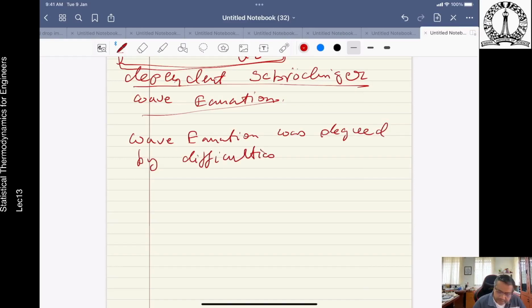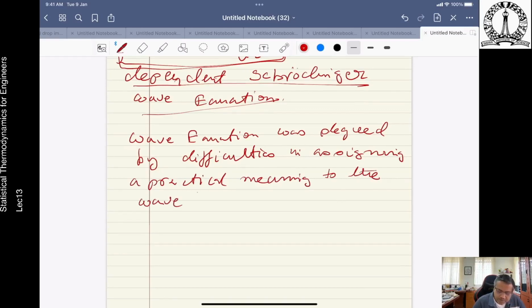Basically, the difficulties came in assigning a practical meaning to the wave function. We could not assign a practical meaning to it.